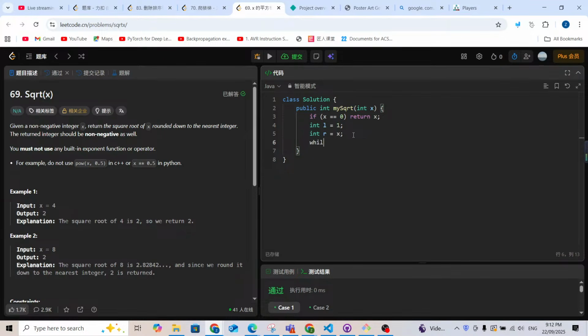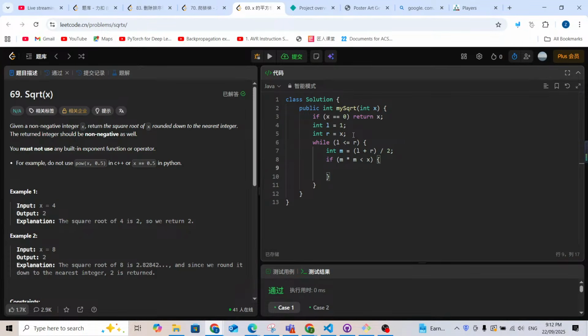While L is less than or equal to R, we're going to calculate the integer m. Here m is going to equal L plus R divided by 2. Then we check if m times m is less than x.